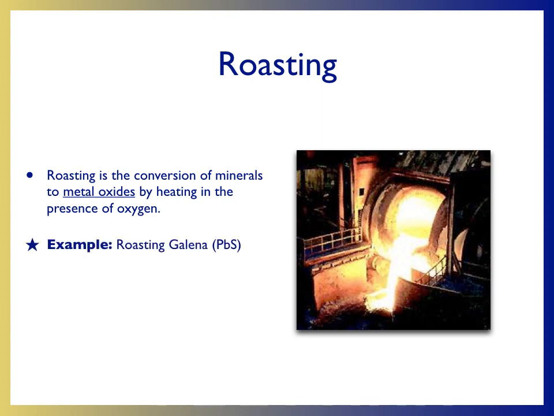For example, after concentrating lead sulfide from galena, we can roast it to form lead oxide, which is easier to reduce than lead sulfide. In this reaction, we take lead(II) sulfide, heat it in the presence of oxygen, forming lead oxide and sulfur dioxide gas.